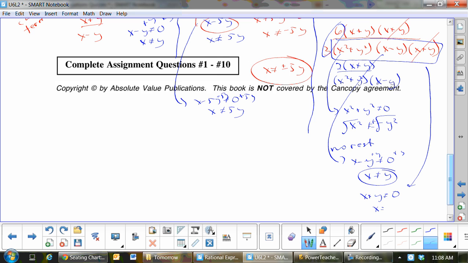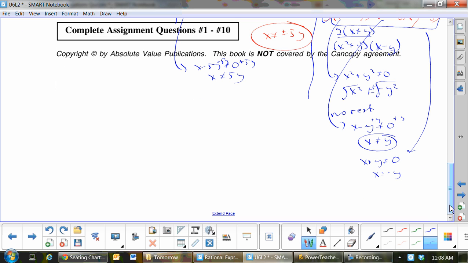X cannot equal negative y. So the final answer would be 2 times x plus y over x minus y times x squared plus y squared. X cannot equal plus or minus y.